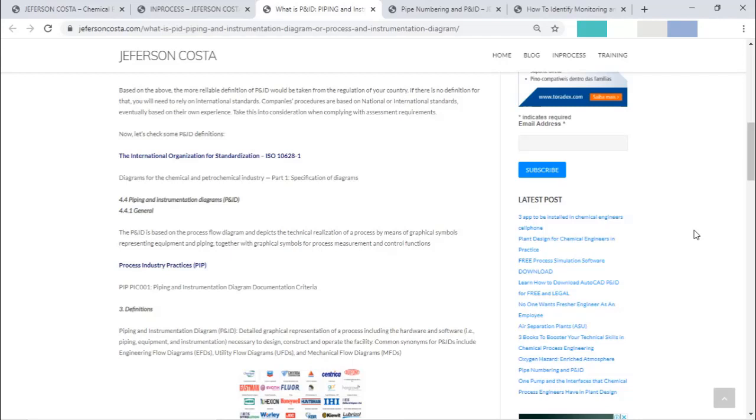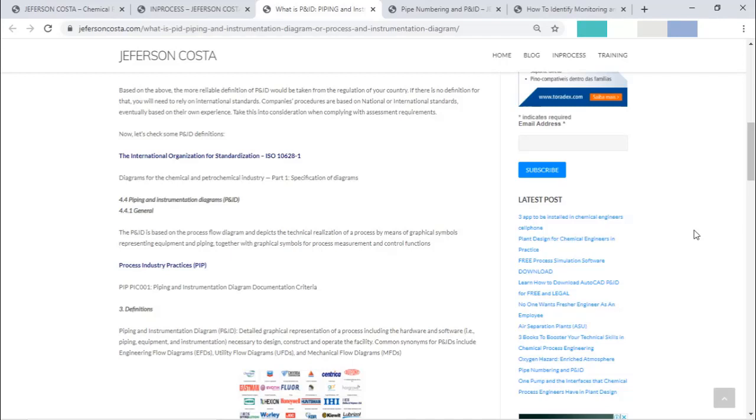And that is the main goal of the P&ID: to have in only one document as much information as possible so that the team in plant design can build and erect a plant.